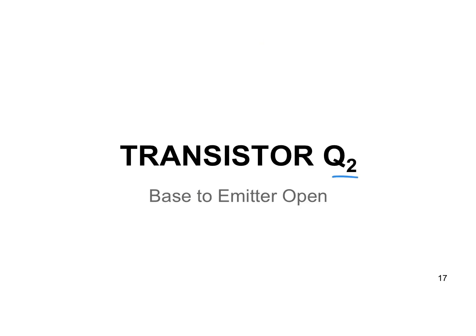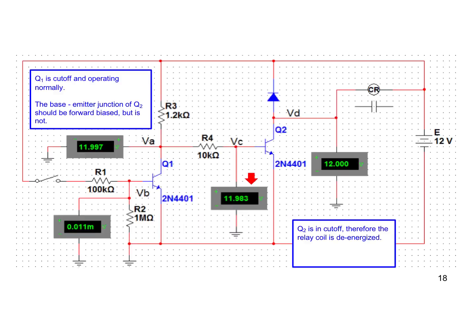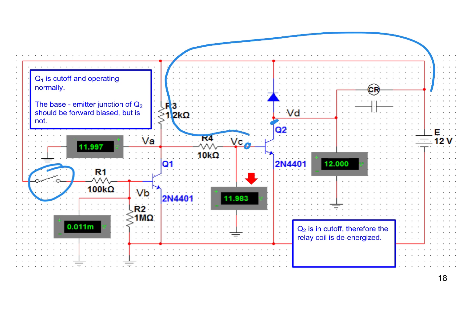Move on to transistor Q2, base to emitter open. Q1 is in cutoff. Our switch is open here, so current should be able to go down like this.